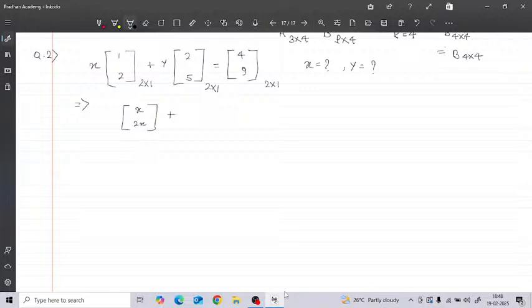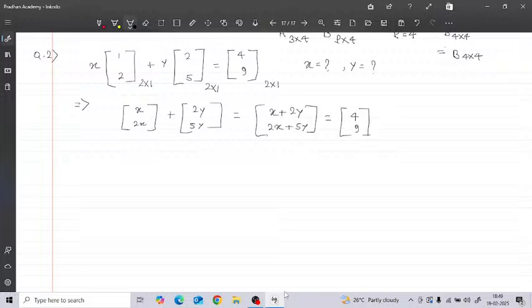Similarly for this case also, 2y, 5y is equal to... Now while adding two matrices we add the corresponding same order elements. So we will get x plus 2y, 2x plus 5y, that is equal to 4, 9, right?